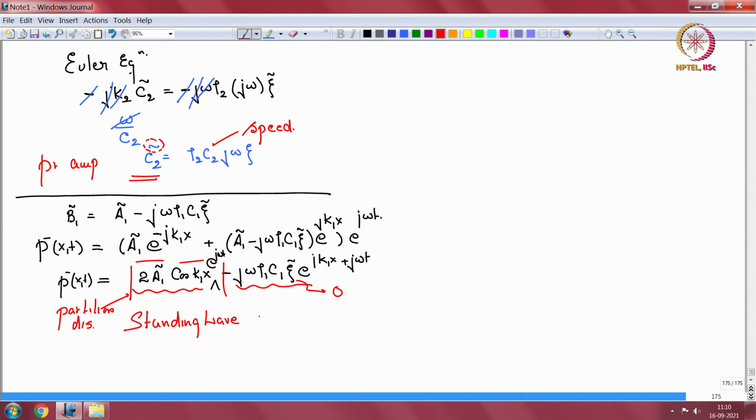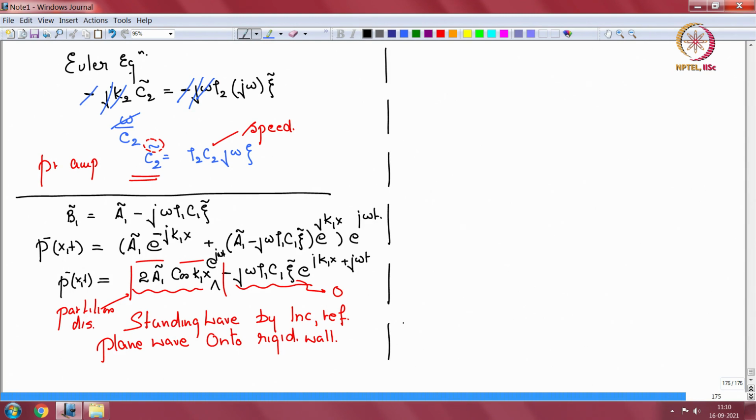Standing wave that is caused by incidence and reflection of a plane wave onto a rigid wall or rigid partition. So such a pressure, this pressure is called blocked pressure.